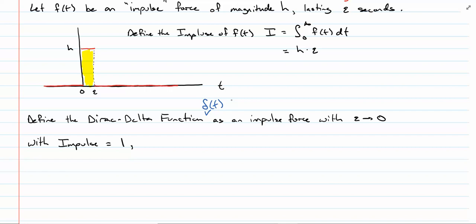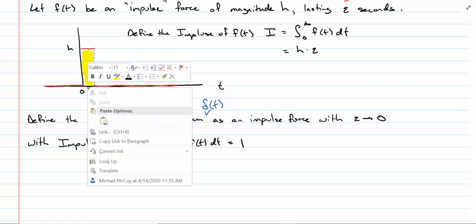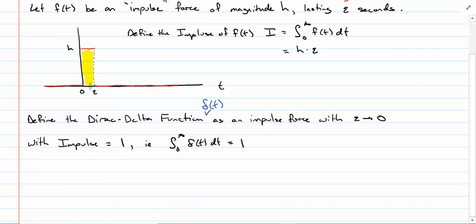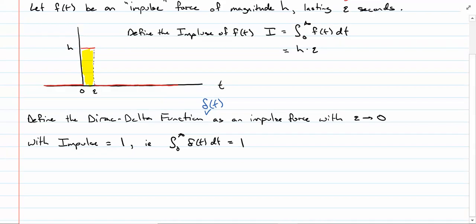It's an impulse force with impulse 1. So that means that the integral from 0 to infinity of delta of t dt is equal to 1. The graph of it would look like this graph, except we're letting epsilon go to 0. If epsilon's going to 0, but the area of this rectangle is still 1, that means the height would have to be getting bigger and bigger and bigger.